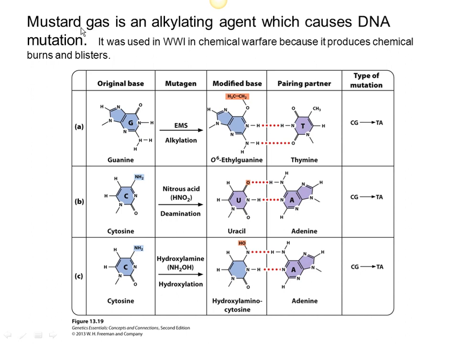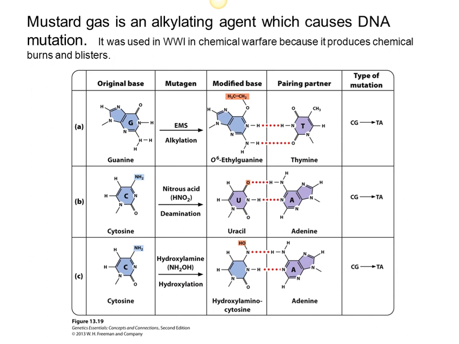One thing that's interesting is mustard gas. Like EMS, mustard gas is also an alkylating agent. It causes DNA mutation, and it was used in World War I for chemical warfare reasons, because it produces chemical burns and blisters. So they would spray it, and if you didn't have a gas mask, it would burn the inside of your lining of your throat and lungs and so on, and it was really damaging.